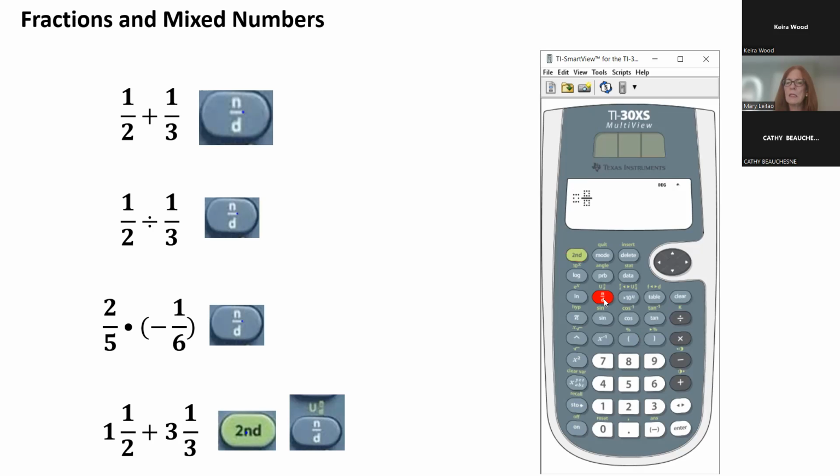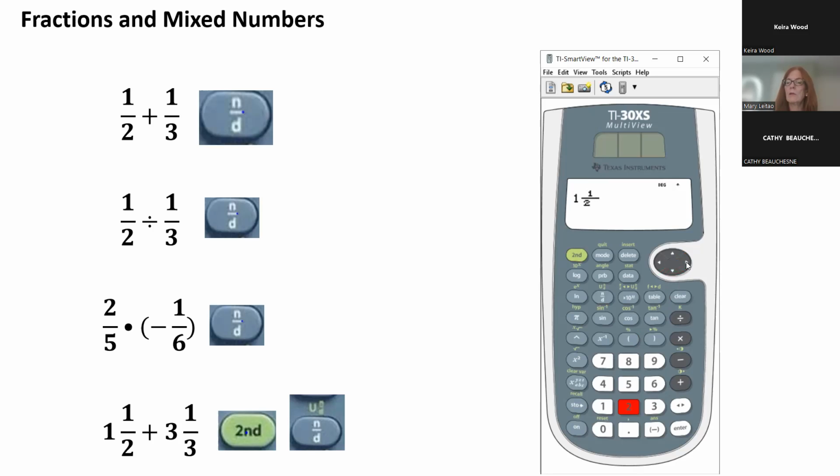U is the unit, and then ND, the numerator and denominator. So it's flashing on the whole number, 1. If I right arrow to the top of the fraction, I put in 1. Arrow down, put in the 2.